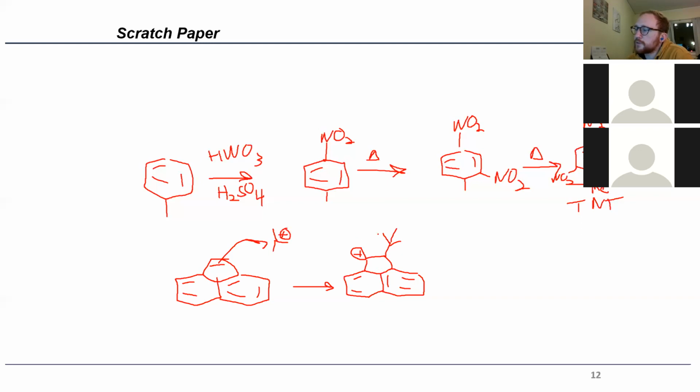And the question is, this system here is pretty stabilized. You would presume that this extra alkene is actually destabilizing. So why is elimination favored over something like chloride attack?